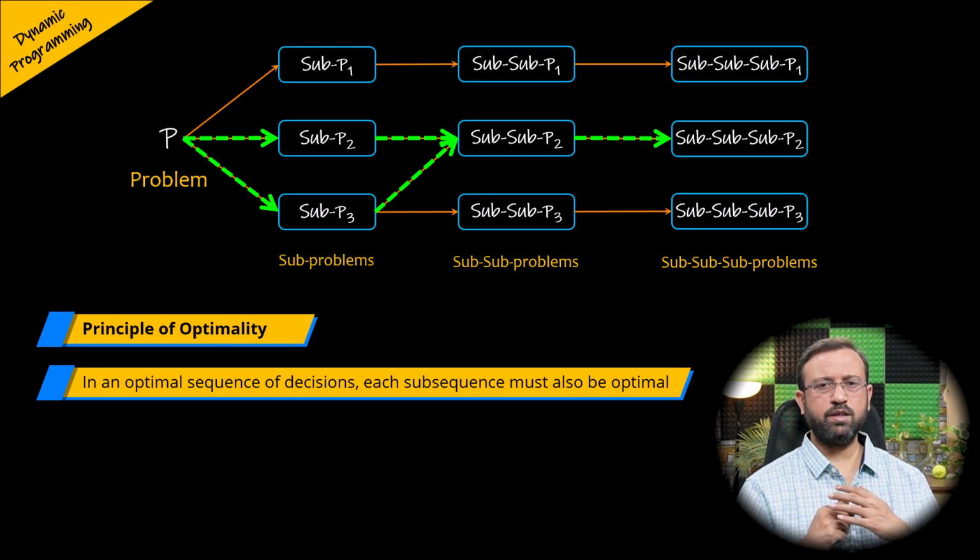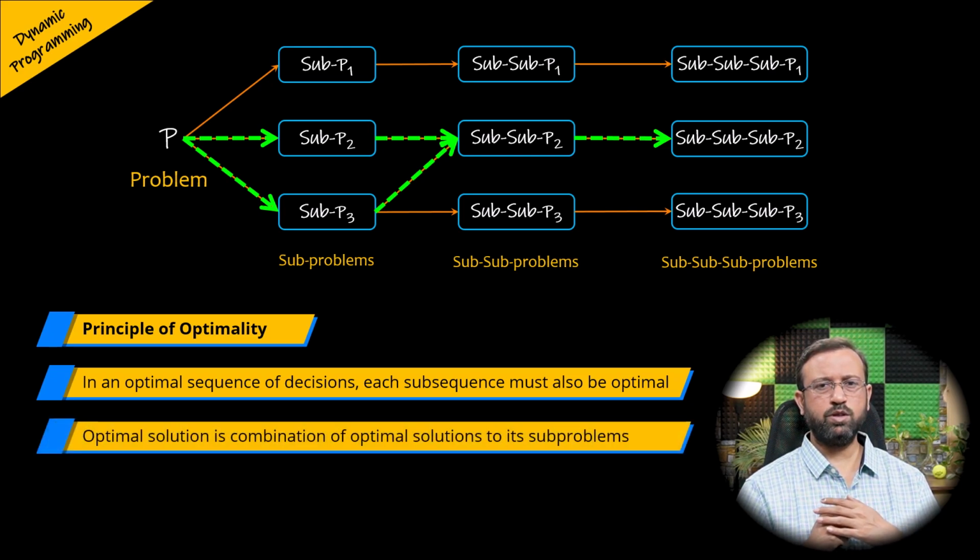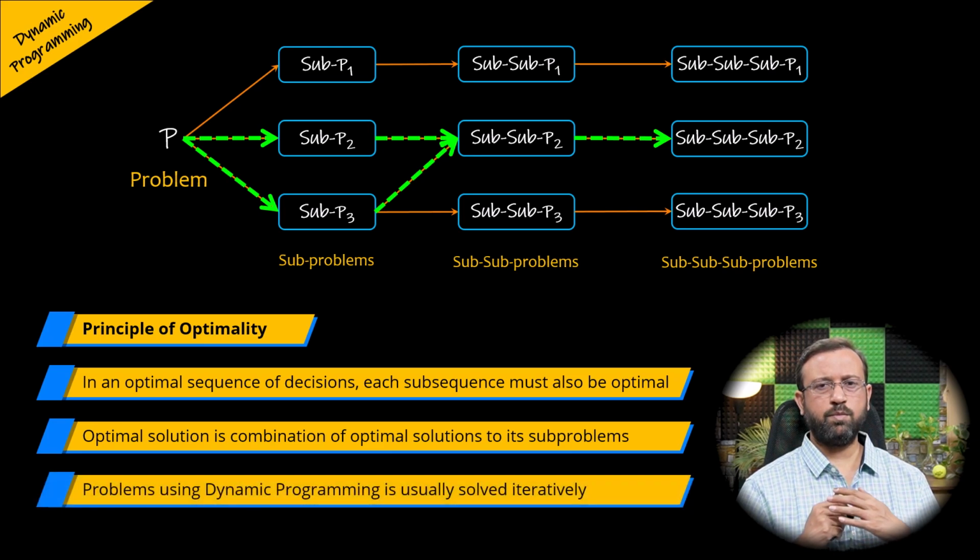In a simple way, the principle of optimality means that in an optimal sequence of decisions, each subsequence must also be optimal. The optimal solution to a problem is a combination of optimal solutions to its subproblems. No matter what the first decision is, the remaining decisions must be optimal. Therefore, problems using dynamic programming are usually solved iteratively.